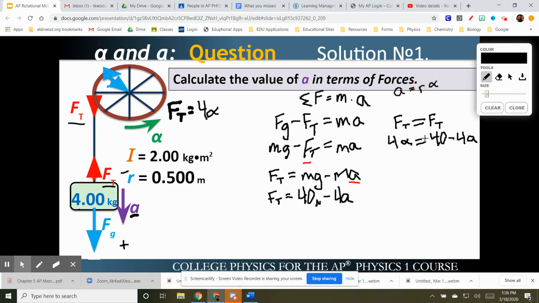So then if I want to replace this alpha and I want A, right? Then I'm going to substitute alpha here for A over R.